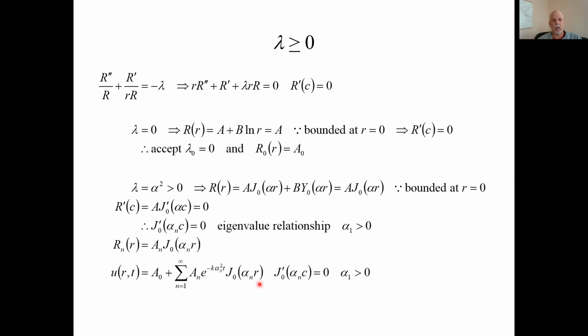And then for all the other ones, here's the part of the T. There's the solution to the T part. There's the solution to the R part. And an infinite linear combination of them. Anyway, here's our general solution. Don't know the big A's yet. This eigenvalue generating relationship.